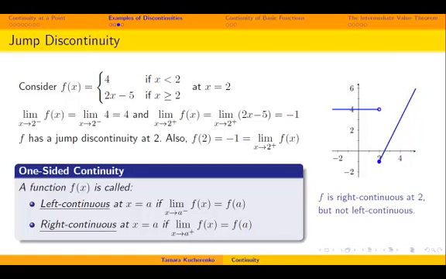In this example, f is right continuous at 2, but not left continuous.